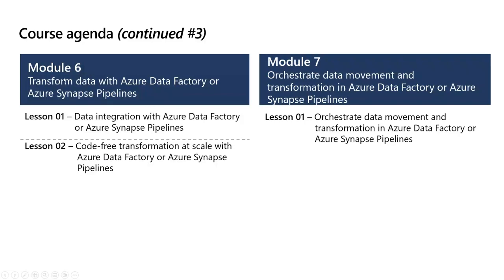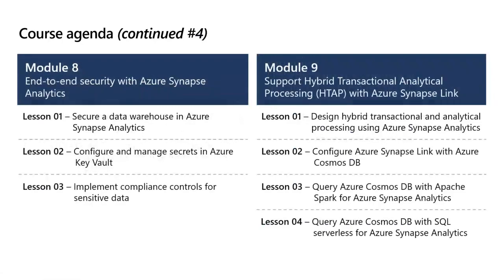So that would be the module 6 and 7. And module 8 and 9, end-to-end security with Azure Synapse Analytics. So that's about here the security within Azure Synapse, because security is always key.